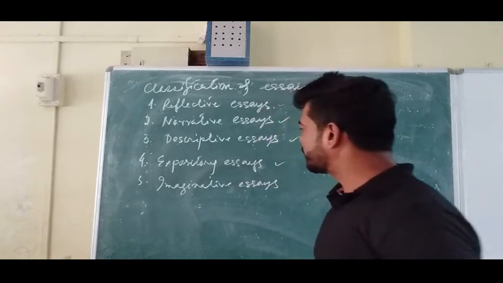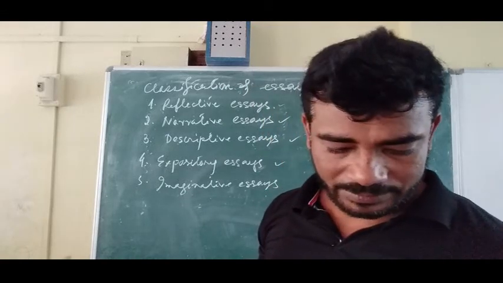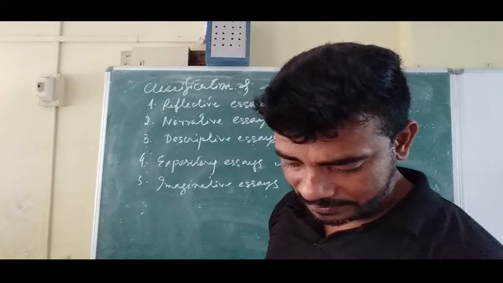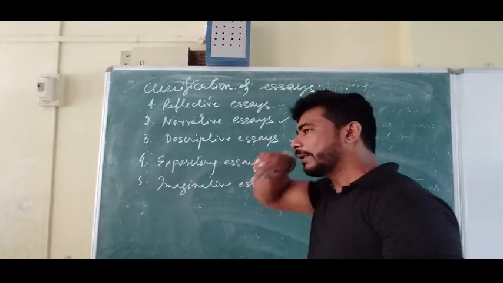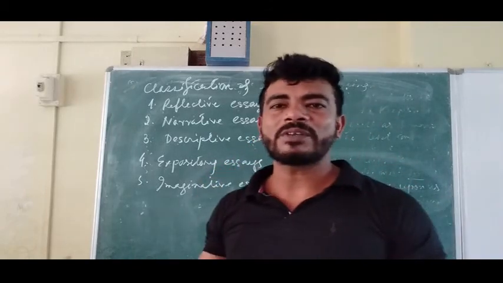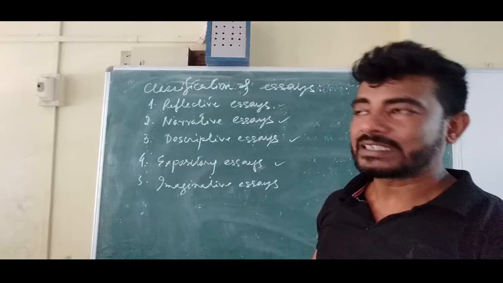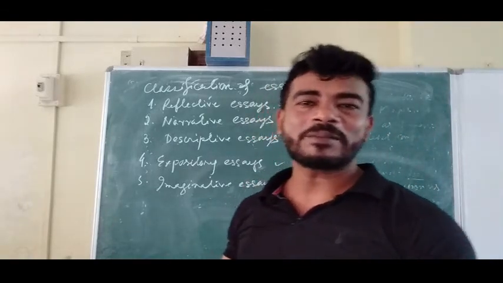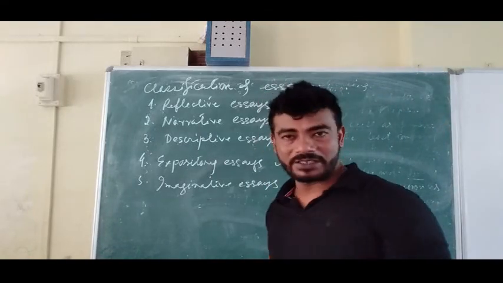Next come expository essays. In the expository essays also, you always write something, illustrating something. Suppose you are explaining something, for example some scientific topics, a scientific invention, the discovery of something. All those essays fall under expository essays.